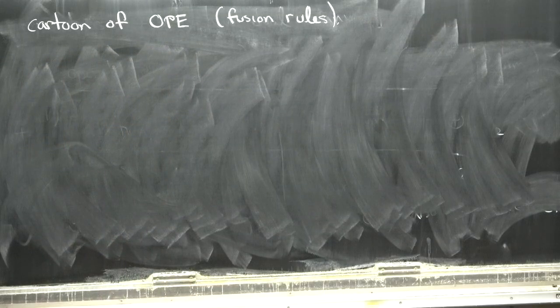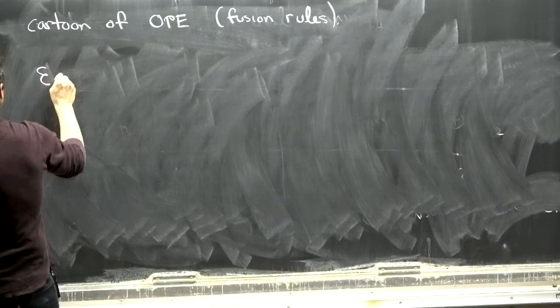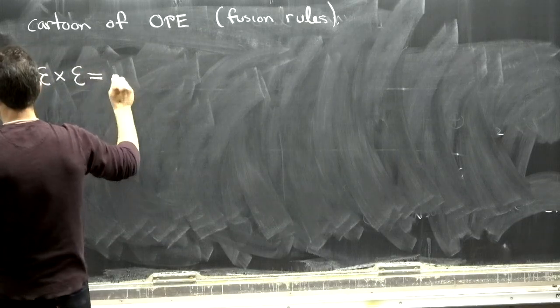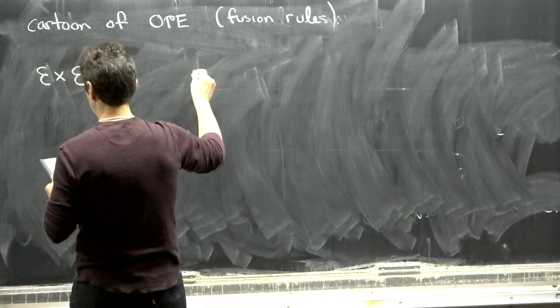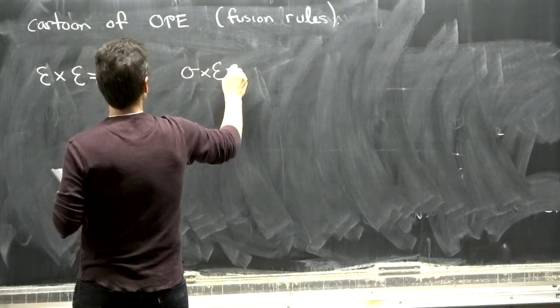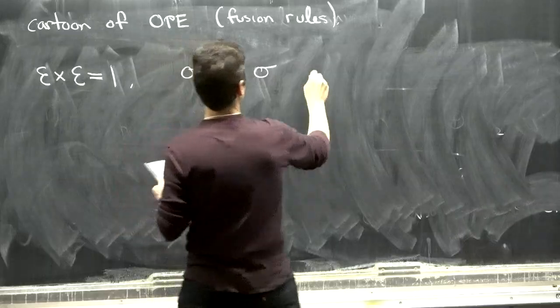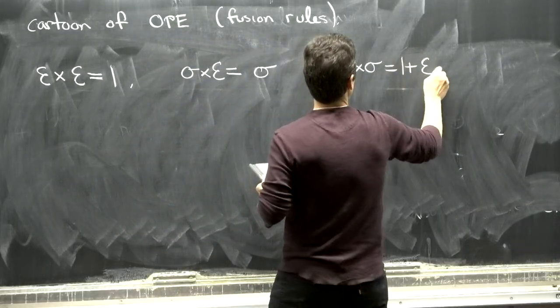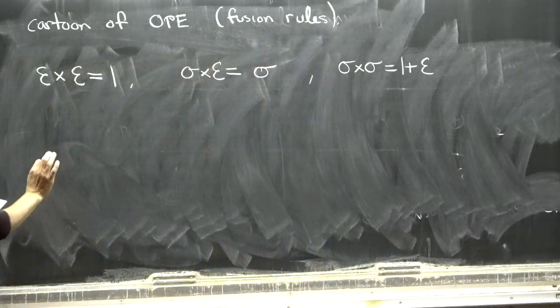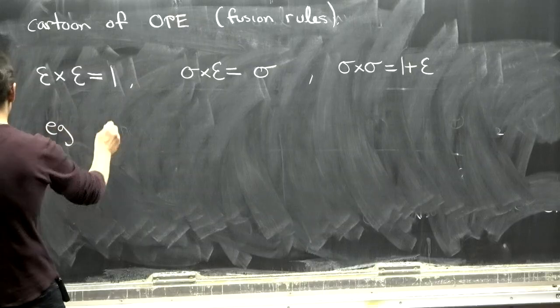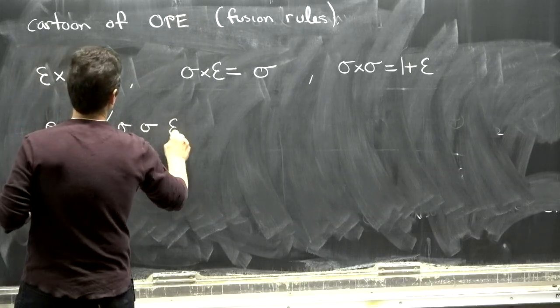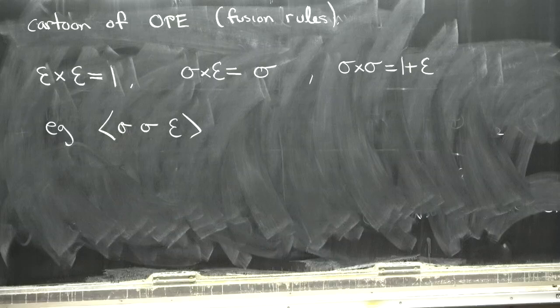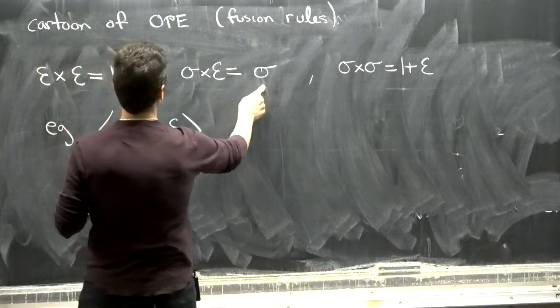I just tell you what operators appear in what multiplication. So epsilon times epsilon is 1. Sigma times epsilon is sigma. And sigma times sigma is 1 plus epsilon. So you should, again, think of this as a cartoon for what the 3-point functions are.